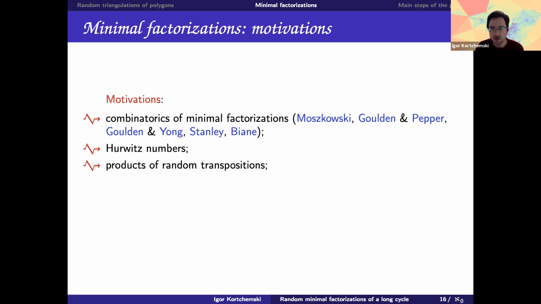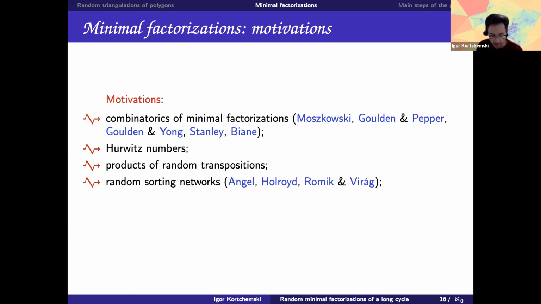It can be seen as a general model of random product of random transpositions, a sort of random walk on the symmetric group. Another motivation came from random sorting networks, the model studied by Angel, Holroyd, Romik, and Virág, which is a different type of factorization using different transpositions of a different permutation, a very different class.